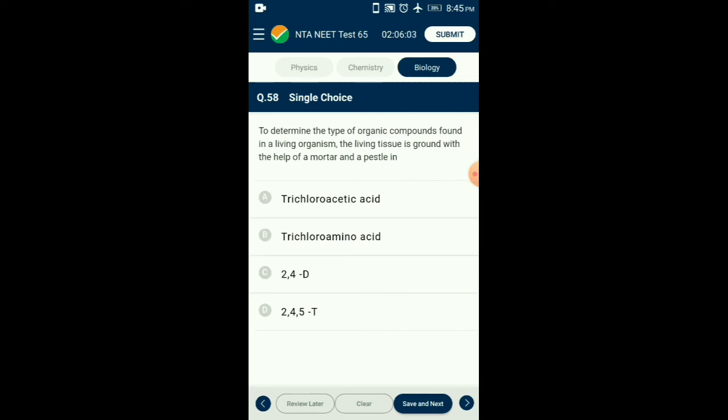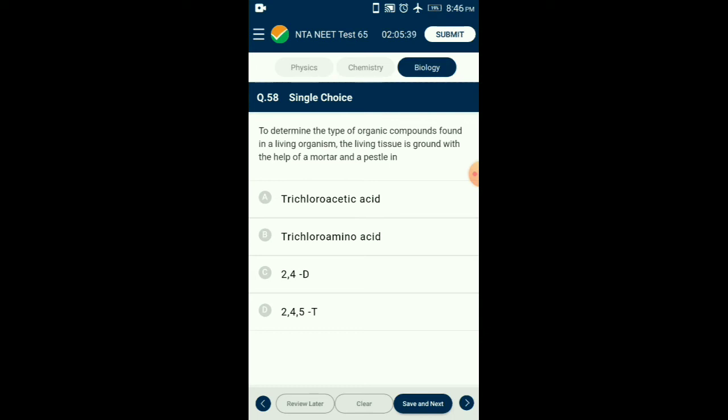Question number 58. To determine the type of organic compounds found in a living organism, the living tissue is ground with the help of a mortar and pestle in. To determine the type of organic matter present, living tissue is ground in trichloroacetic acid.